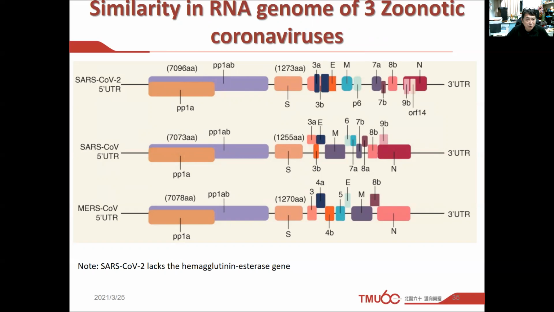Okay, let's compare the genome among the three coronaviruses. The first one is the COVID-19 virus, the next one is the SARS virus, and this is the MERS virus. You can see that they share a very similar RNA structure.